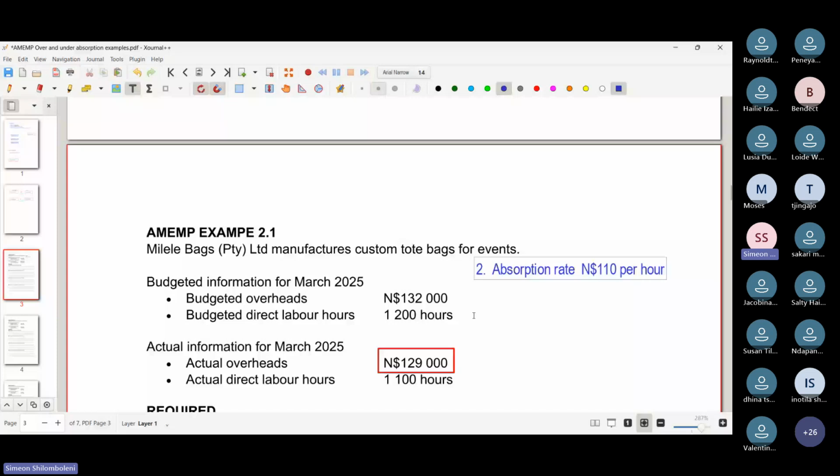We come to number three. What are we supposed to do at number three? We are supposed to calculate our overheads absorbed. Okay. Now we are supposed to calculate our overheads absorbed. Can you give me the answer of our overhead absorbed? 121,000.